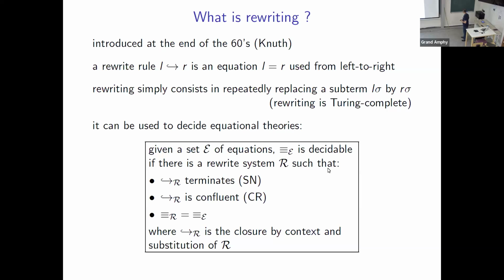And so when we want to check the equivalence between two terms, we compute some normal form, T', and U', and because the system is confluent, we know that normal forms are unique, and so we can just check the syntactic equality between the two.